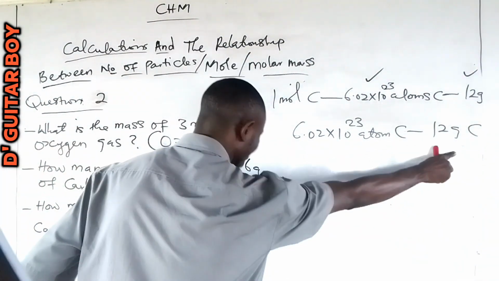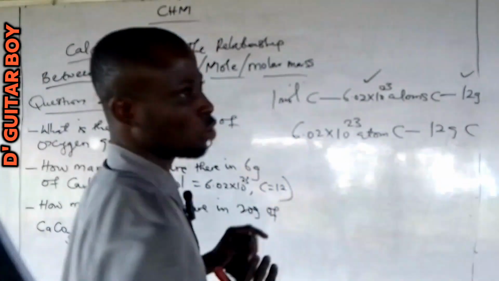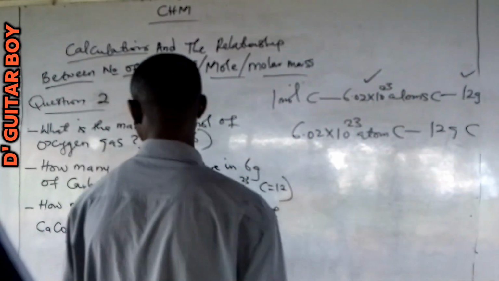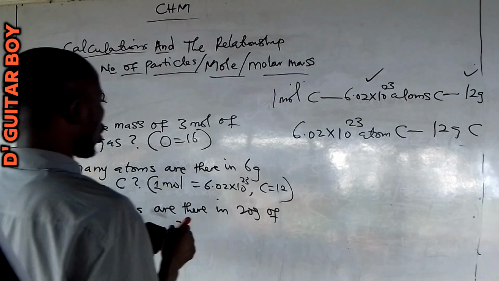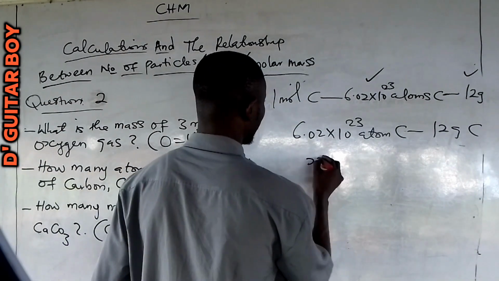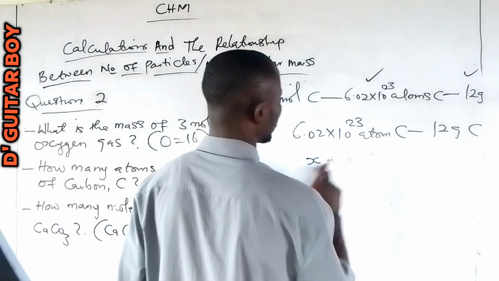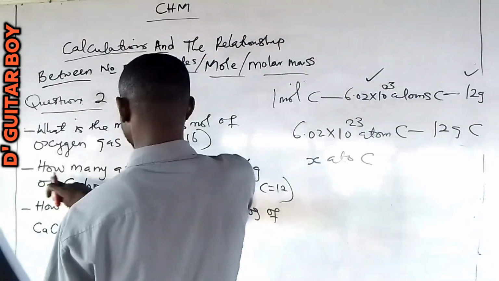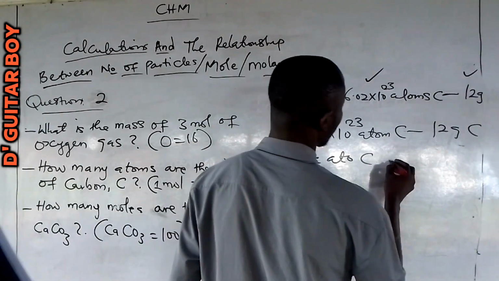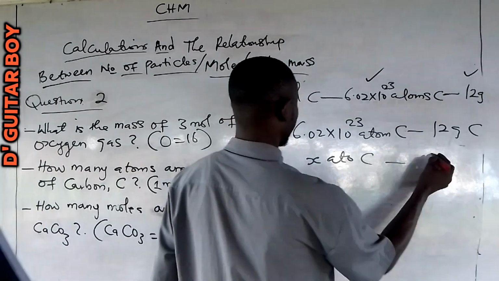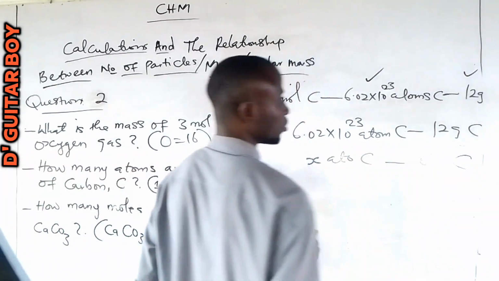I know this one before now. You are not the one telling me. This question is not the one telling me. I know. Then I will now say, therefore, S atoms of carbon, which I want to calculate, because they say how many atoms, S number of carbon will give us 6 grams of carbon.